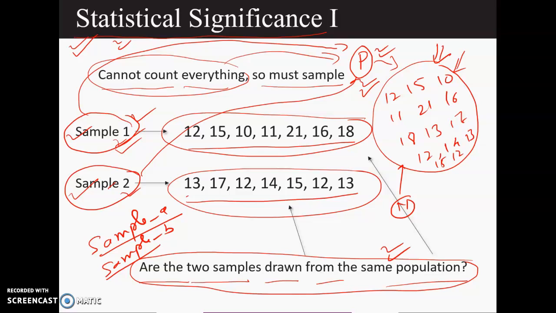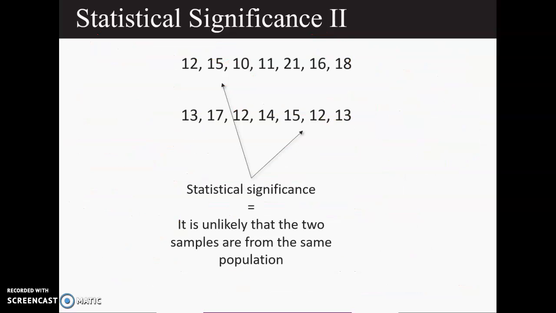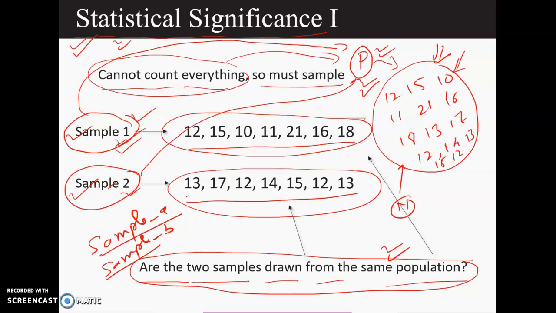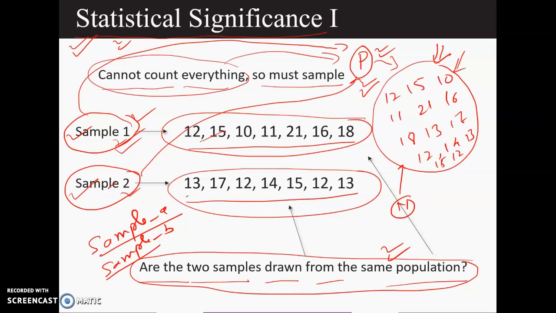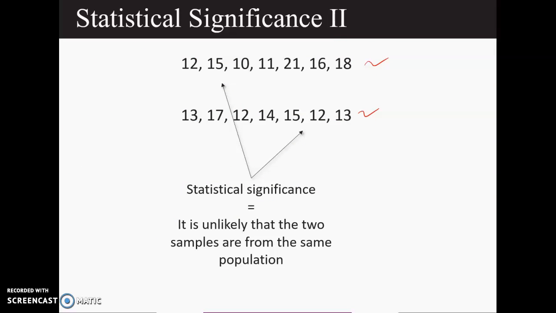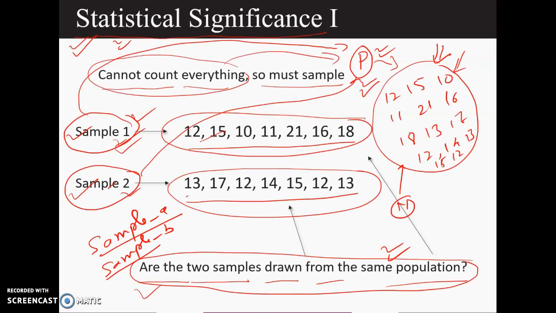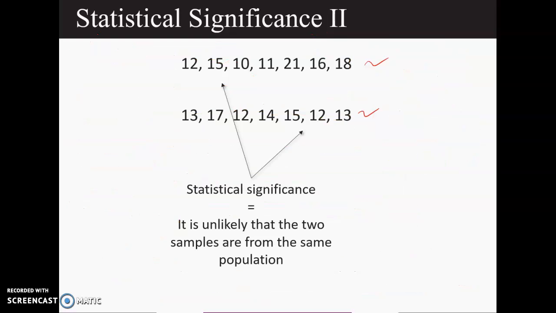In the next slide I have given again one example. This is the same example. This data is given here, that is sample 1, and the same data is given here, that is sample 2. To find the answer to this question, we will create a hypothesis: statistical significance means it is unlikely that the two samples are from the same population.